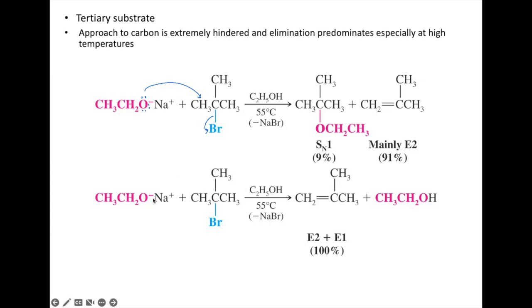But anyway, I think yung attacking agent is different. So anyway, again, it favors elimination reaction versus substitution. So ang nangyari dito ay again, hydrogen abstraction or proton abstraction is favored, removing this.